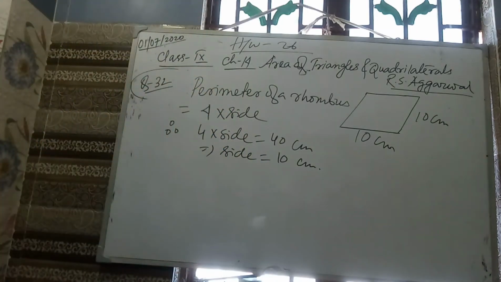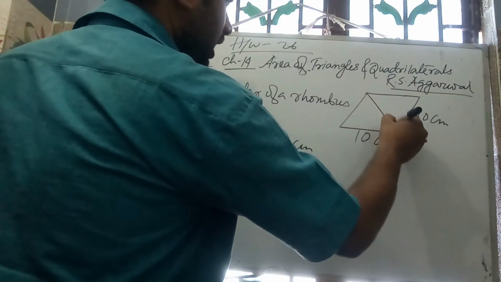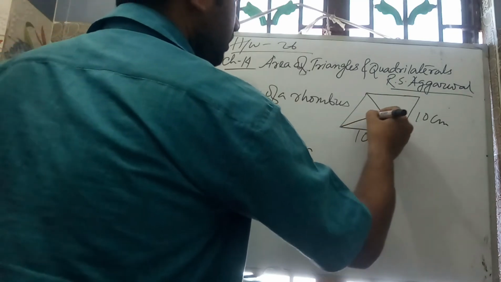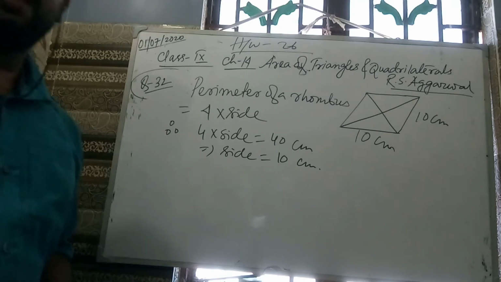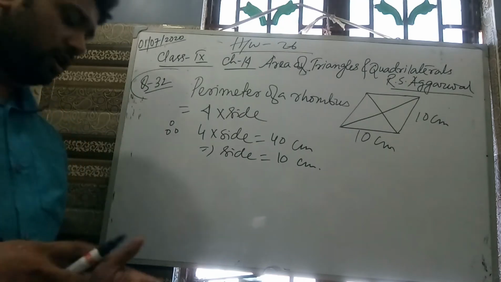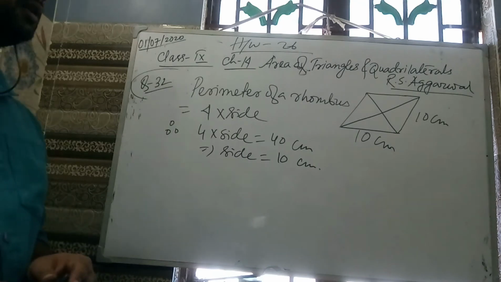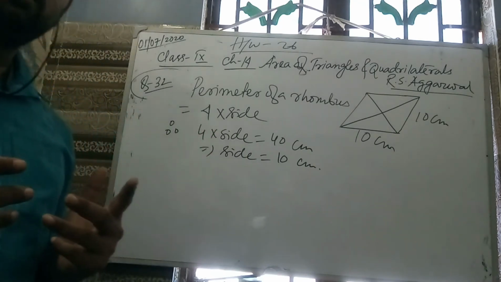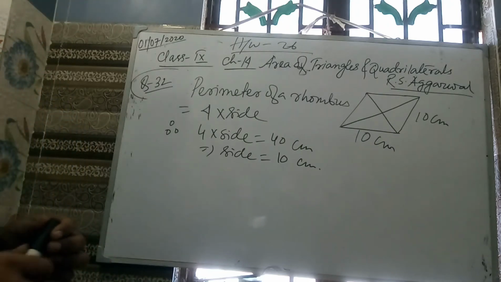Now what is given? One of the diagonals is 12 centimeter. Here we have to use another property of a rhombus, that in a rhombus the diagonals are perpendicular bisectors of each other. What does it mean?